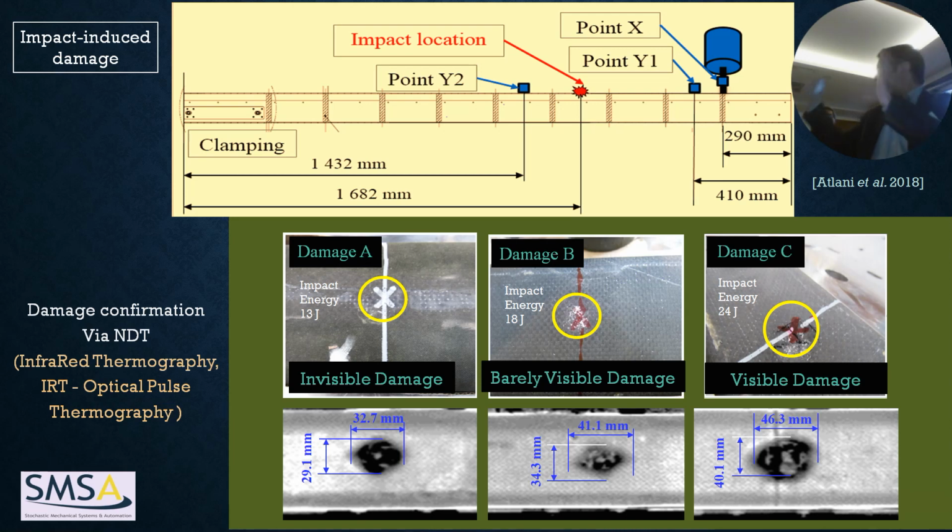For example, a bird can collide with aircraft, so that can cause some problems on the structure. So here we have an impact with a low energy, 13 joule. This is a little bit higher energy, 18 joule, and this goes to 24 joule. And this impact is invisible, totally invisible by naked eye, and it's barely visible by naked eye here, and it becomes visible when it is the larger one.